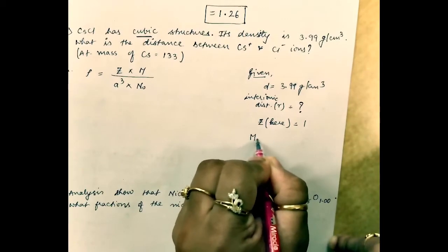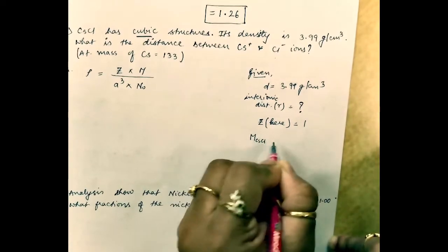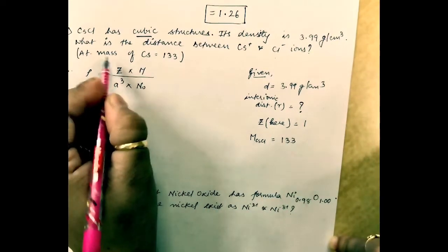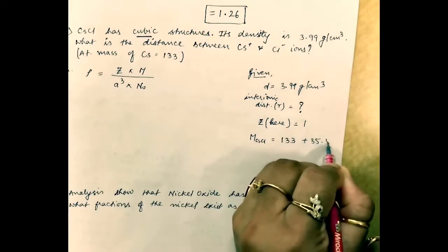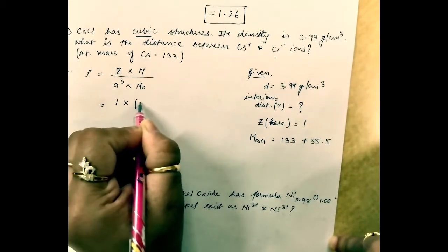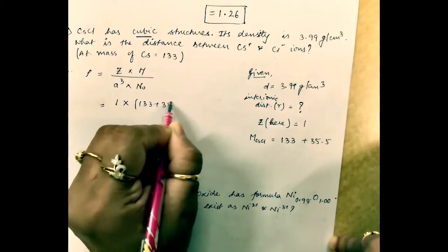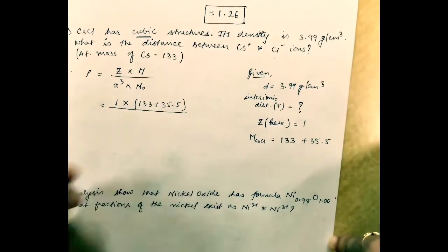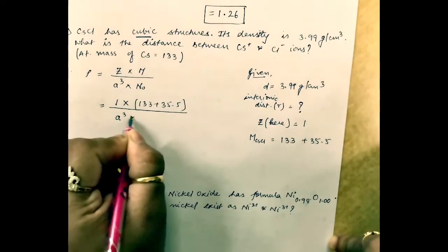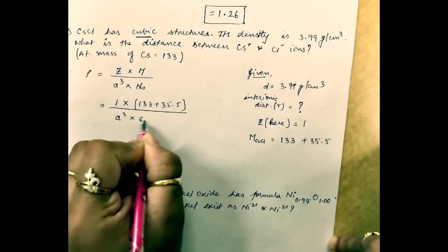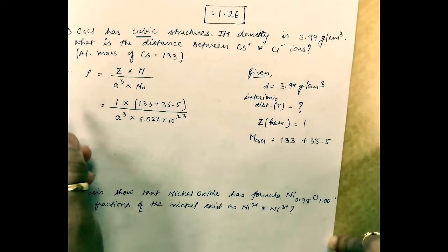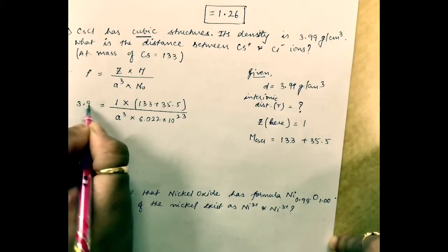So let us find out the molecular mass of CsCl, which you will be taking here. That is 133 is the given mass for Cs, and for Cl it is 35.5. So Z effective would be 1 into mass, you can say it is 133 plus 35.5 divided by A cube into Avogadro number 6.022 into 10 to the power of 23, and density here is given to you as 3.99.